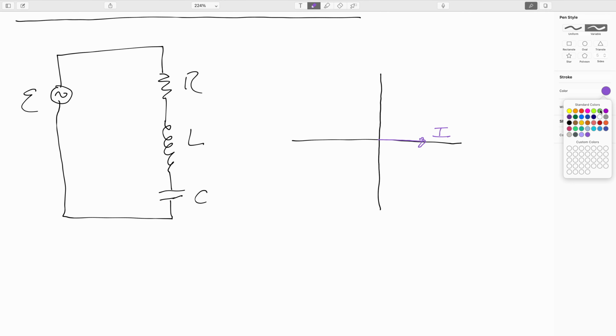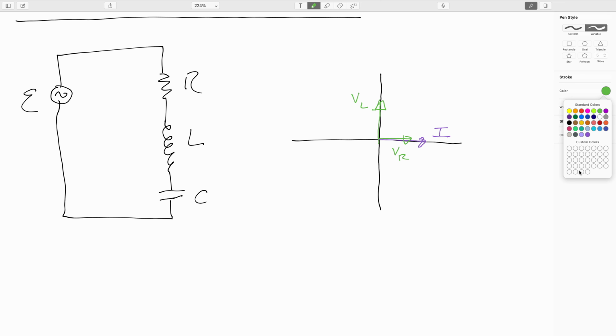And then we can draw our voltage phasors. This would be the voltage phasor for the resistor. And then we remember ELI the ICE man. In an inductor, the voltage leads the current, so that means it'll be 90 degrees in front of the current.